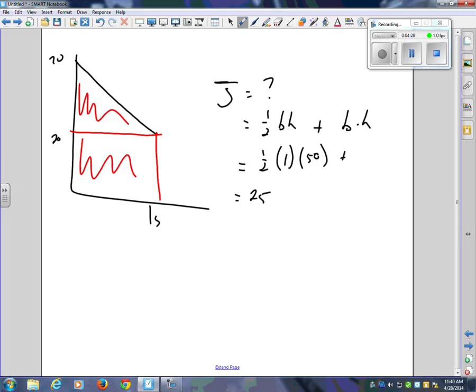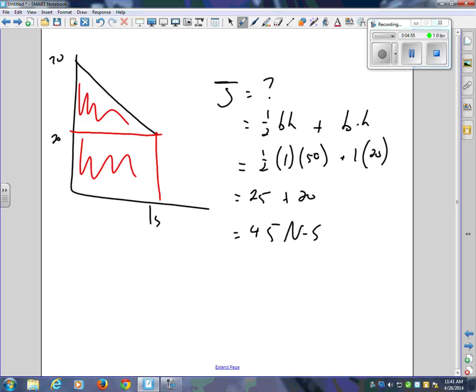And then the rectangle part is base times height, so that's 1 times 20. So here the impulse is 45 newton seconds. So it's also fairly doable when it's a nice straight-line geometric shape.